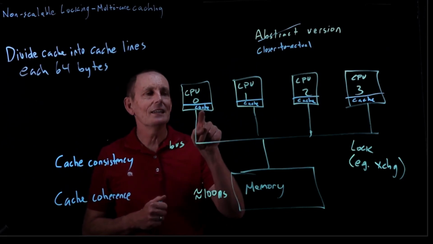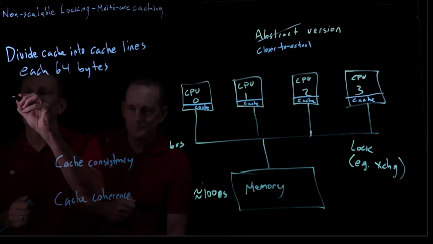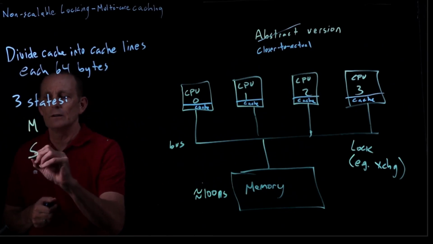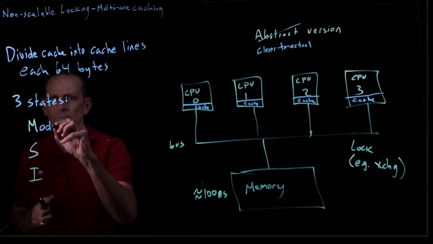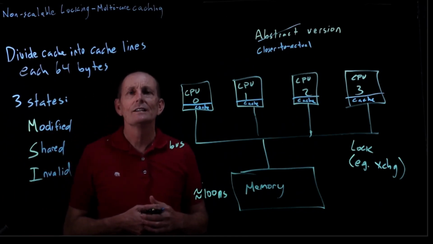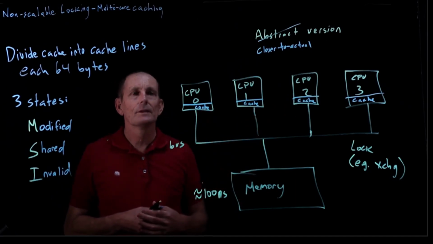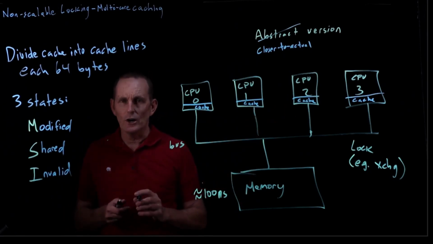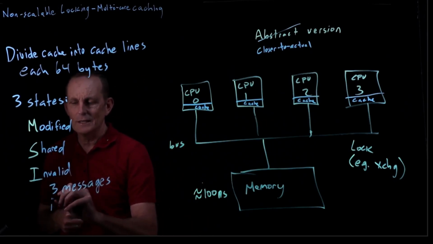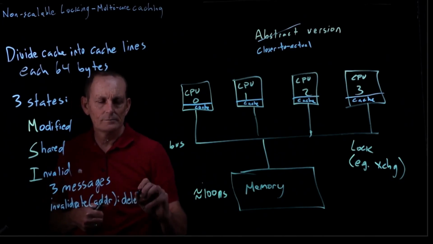And each cache line in this cache is in one of 3 different states. So our 3 states are modified, shared, or invalid. We also are going to define some messages that are sent between CPUs. So one is going to be invalidate, and this deletes from the cache.